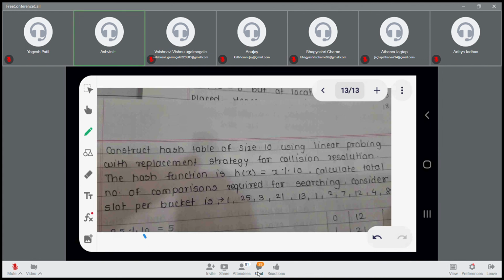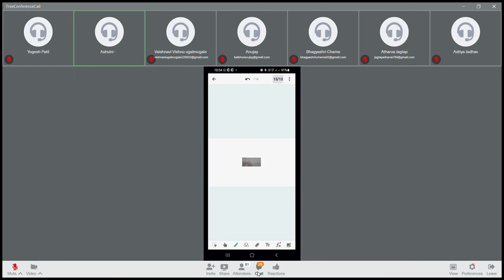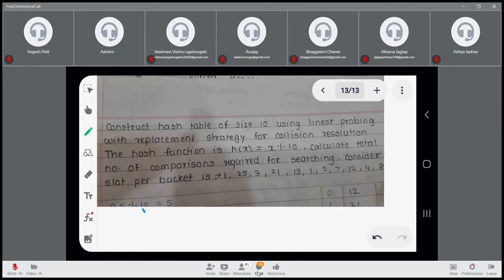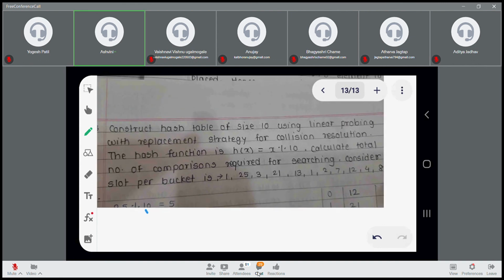Can you solve this? Okay. Try this example as your homework.